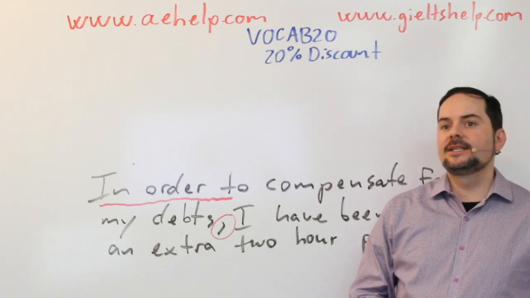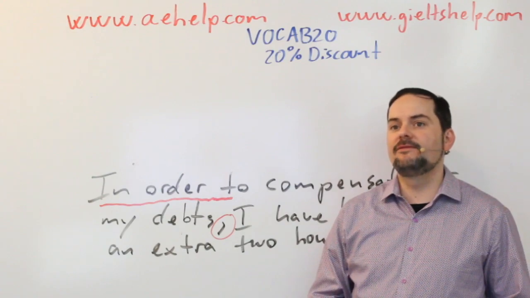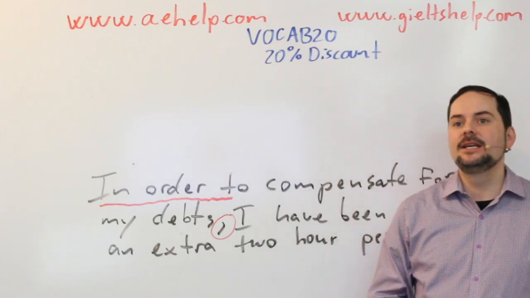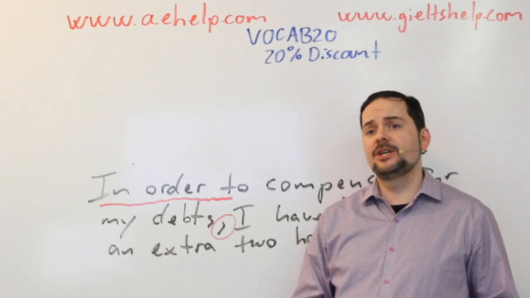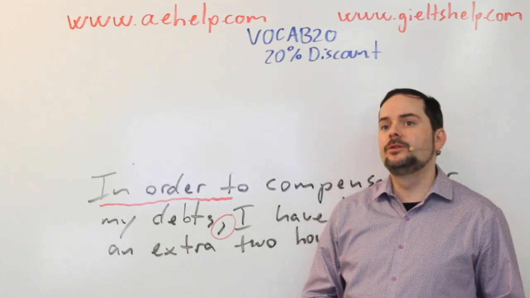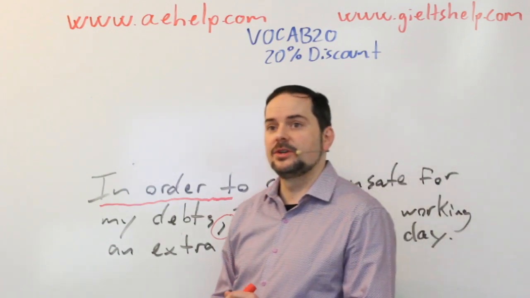Okay, Hike says, I must work overtime every day because I have to compensate for my debts. That's very good. Yeah, the extra 2 hours is overtime. So overtime is a very nice way, Hike, to paraphrase that. So let's take Hike's. Hike's is a good one.